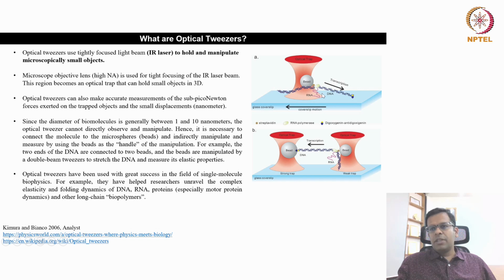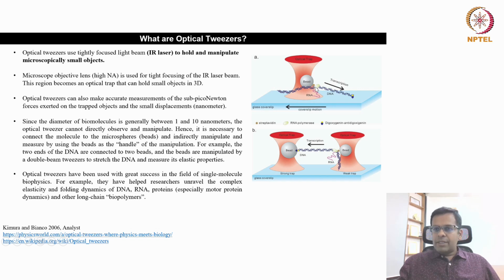In this experiment you see one end of the DNA is tethered to the glass cover slip using some chemistry; we'll discuss it later. They have used digoxigenin and anti-digoxigenin chemistry to fix one end of the DNA to the cover slip, and at the other end of the DNA there is an enzyme known as RNA polymerase, which is transcribing this DNA and producing RNA.